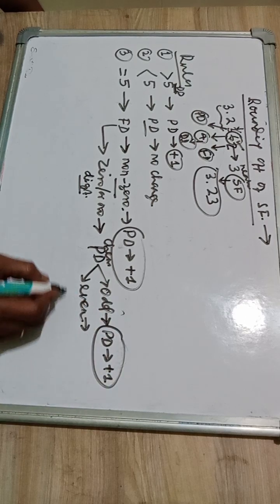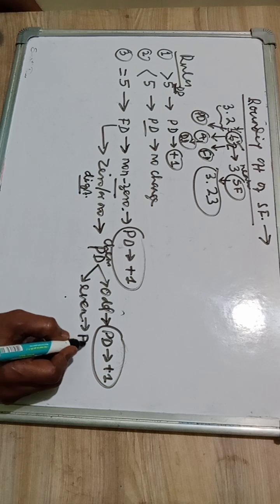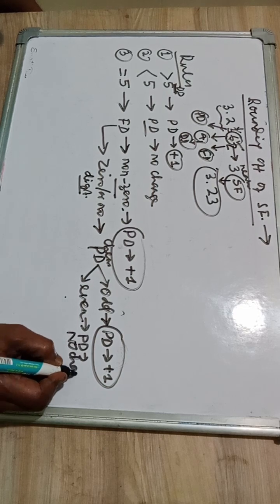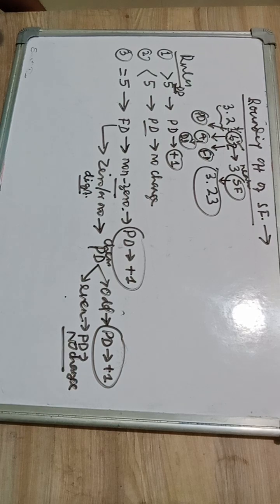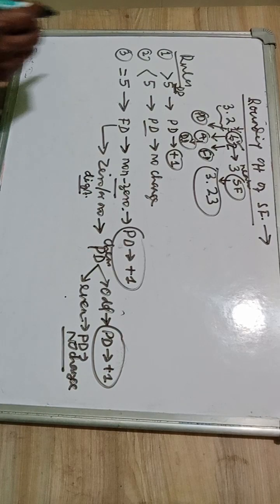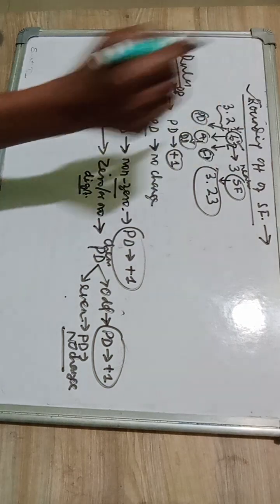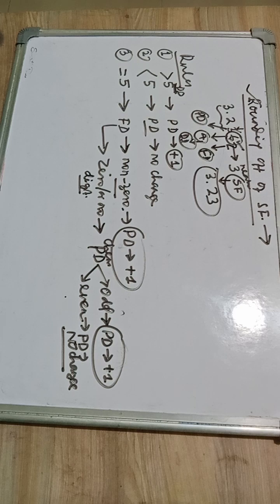If it is even, there will be no change in the previous digit. These are the rules we have to follow while rounding off significant figures.